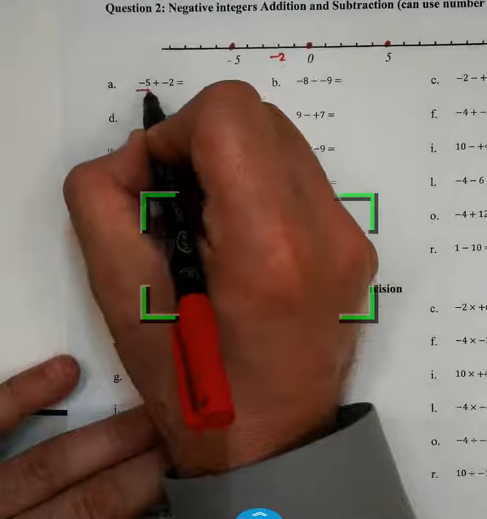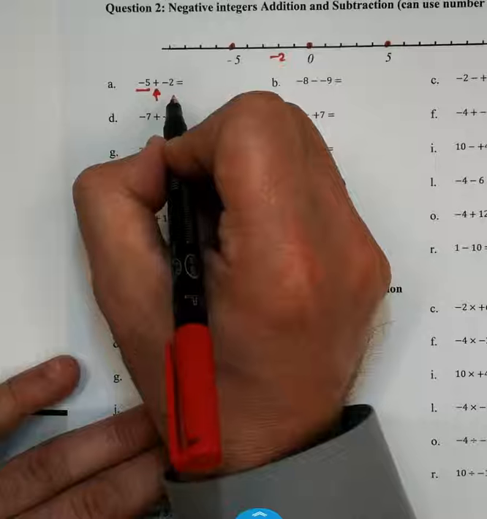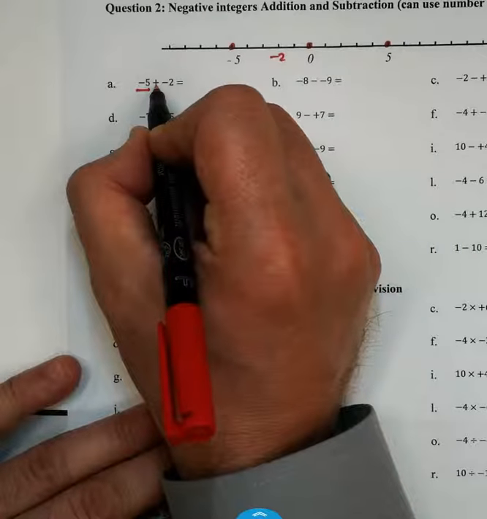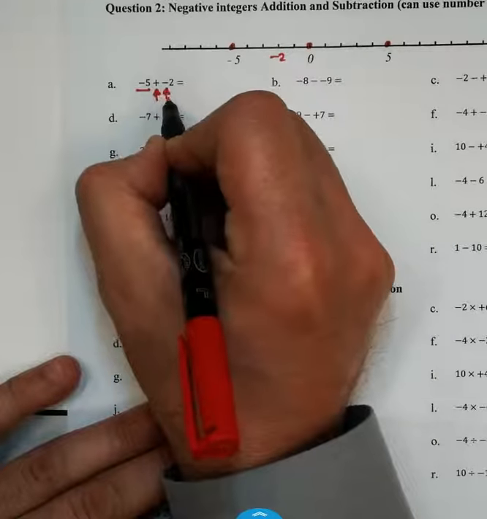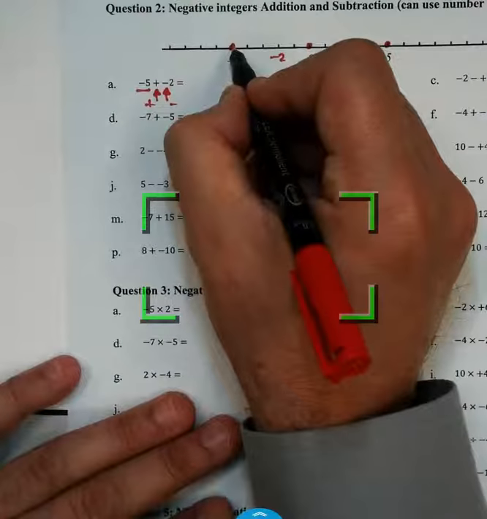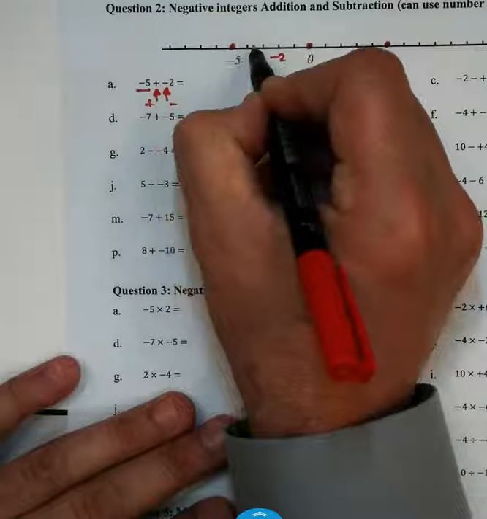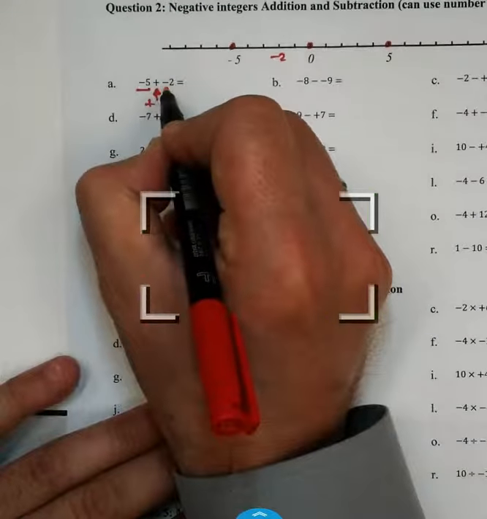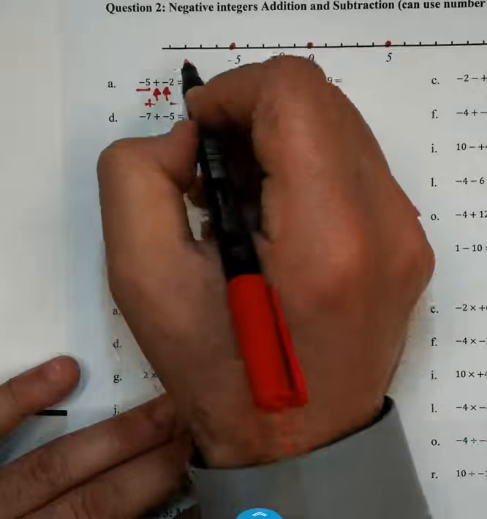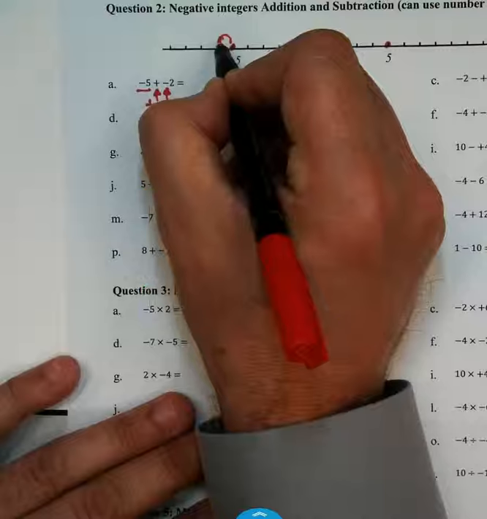So you have 5, then in the positive direction, well, that's positive direction, but then you need to change the direction to the negative direction, because the negative overrides the positive. So basically, we need to go 2 to the left.